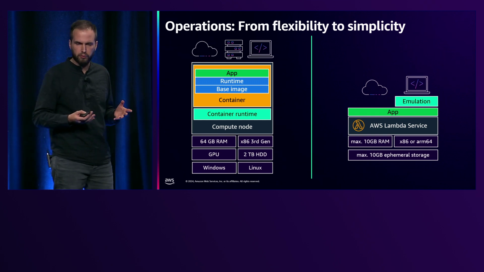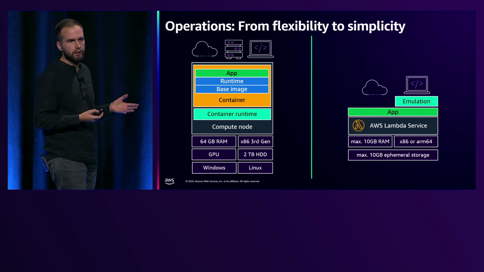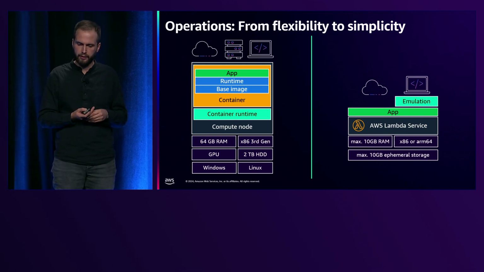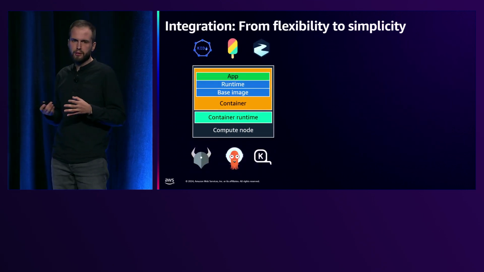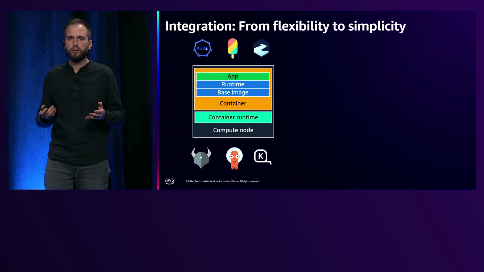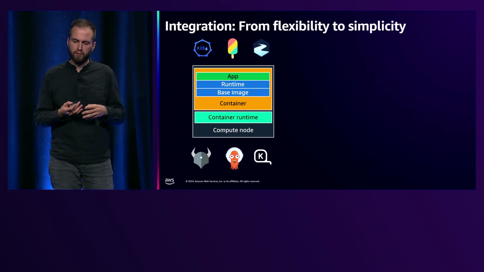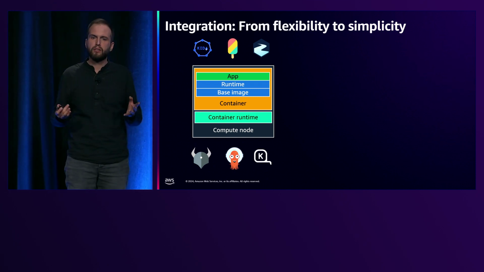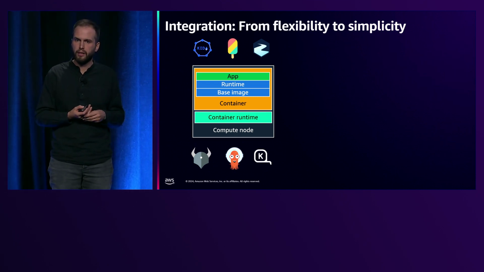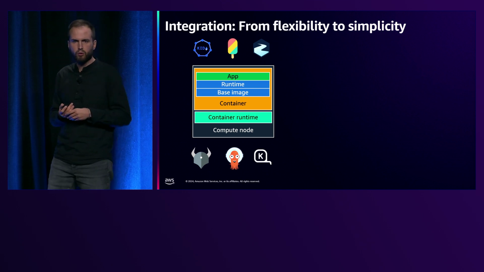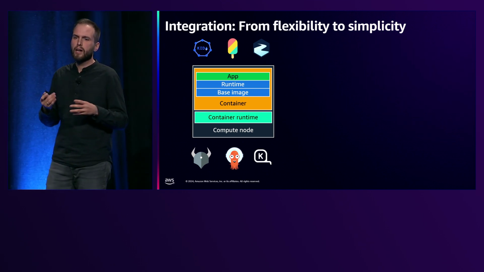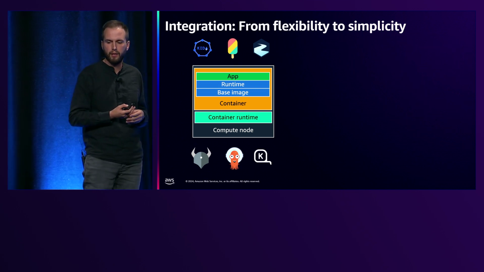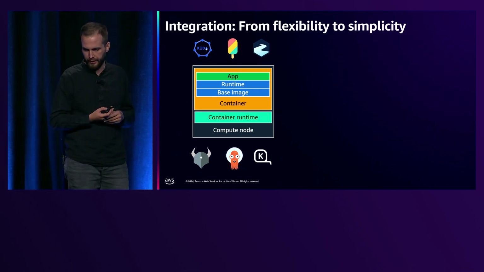And now this spectrum from flexibility to simplicity does not only apply in operations, but also in integration. With containers, and especially the Kubernetes ecosystem, as we have seen before, I'm very flexible again with the tools that I choose. We have various CNCF-backed projects that you can leverage, things like KEDA or Crossplane, for example, and there's a large community and a lot of documentation and talks around it, and you're very free to choose here.